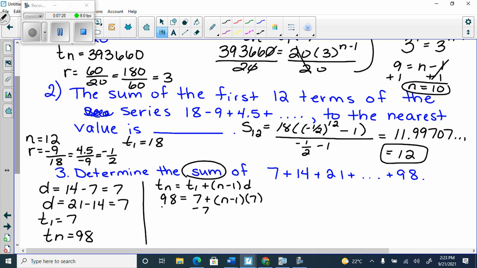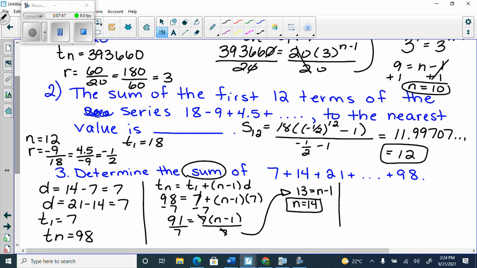First thing I have to do is subtract the 7. I get 91 equals 7 times N minus 1. When I divide by 7, what do I get? 13 equals N minus 1. So N equals 14. Now I can find Sn, and I can use the easier formula, the second one, because I gave you the Tn.